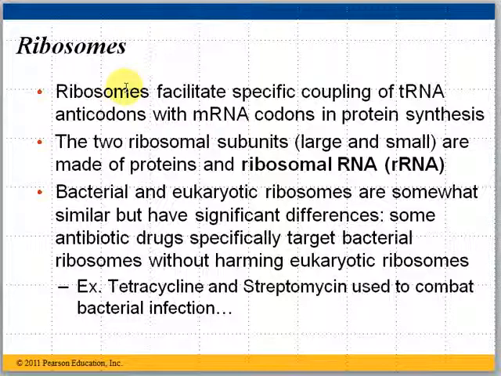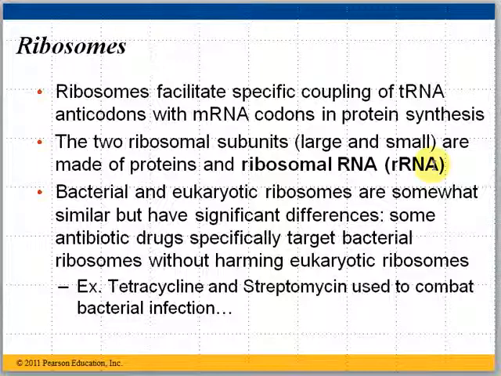The ribosome is made up of two pieces or subunits, large and small. The large one is always shown on the top and the small one on the bottom in any model. They're made up of proteins and a third kind of RNA called ribosomal RNA, or rRNA. So far we have three different kinds of RNA, and those are really the only three that we're going to take a look at.